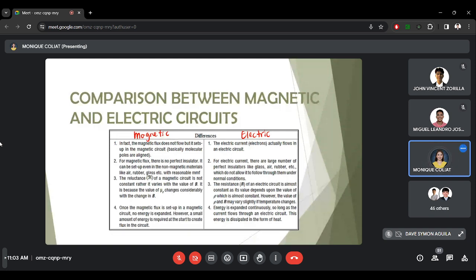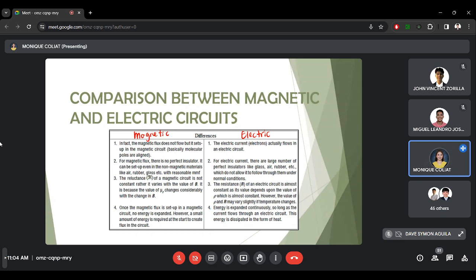Next, there is no perfect insulator for magnetic flux. It can be set up even in non-magnetic materials like air, rubber, glass, etc., with reasonable magnetomotive force. In electric current, there are a large number of perfect insulators like glass, air, rubber, etc., which do not allow current to flow through them under normal conditions.